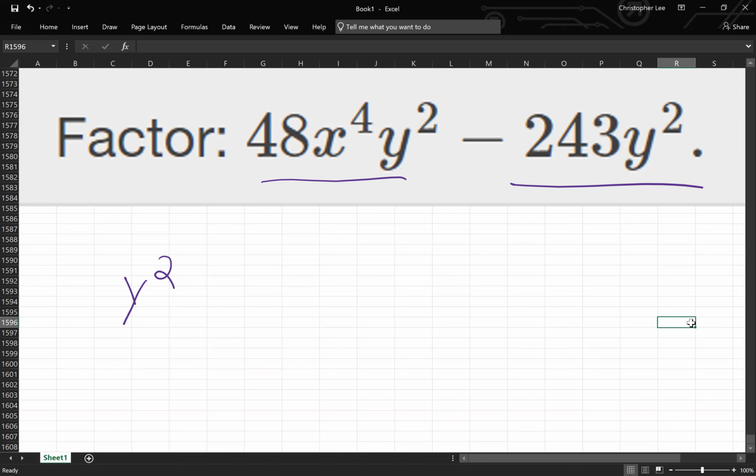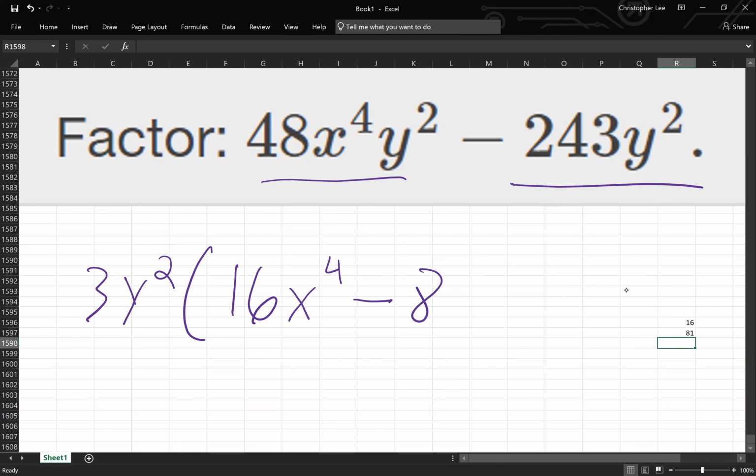All right. So we got 48 divided by 3, that's 16. So I got the 16 x to the 4th power minus, what's 243 divided by 3? 81.